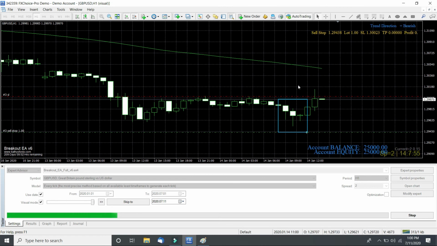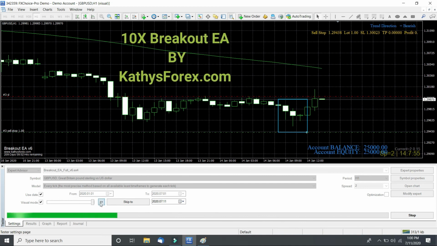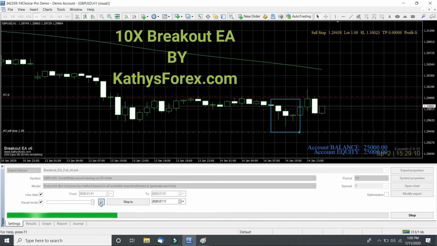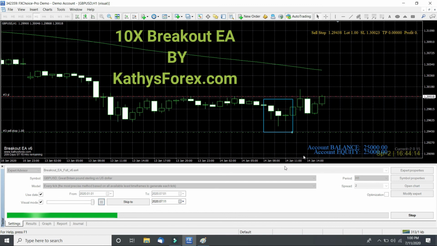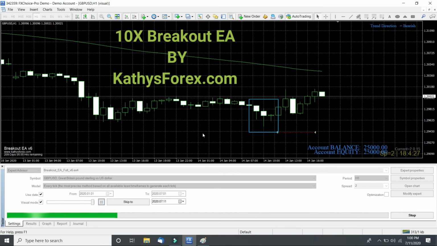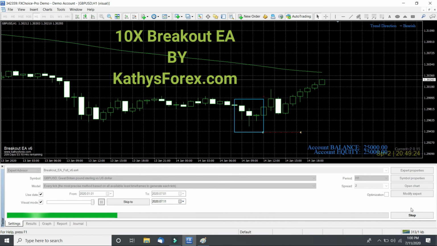Again, below MA 100, we got a sell order. The price, the sell order has not been hit. Okay, so we still don't have an order yet. So let's see if the price would come back down. It did not. Okay, well, this is good enough.